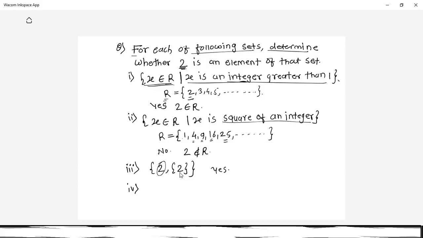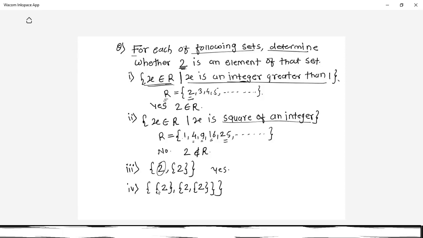Now look at the fourth set. If I write it like this, now if you look at this set, this set contains sets as elements.